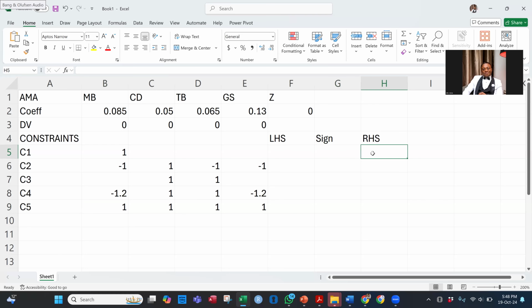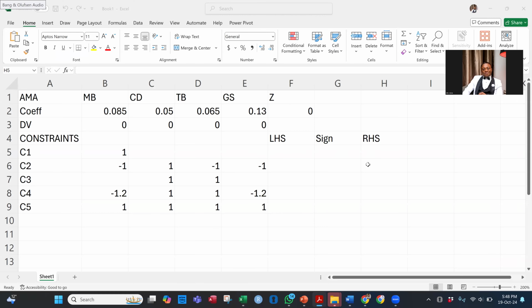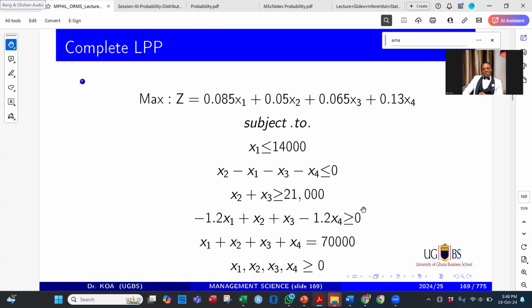Now, let's go to the right-hand side. When you look at the right-hand side, the first constraint has 0. Okay, you type 0. The second has 21,000. So you type 21,000. The next has 0. Okay, so you type 0. The next also has, no, first had 14,000.